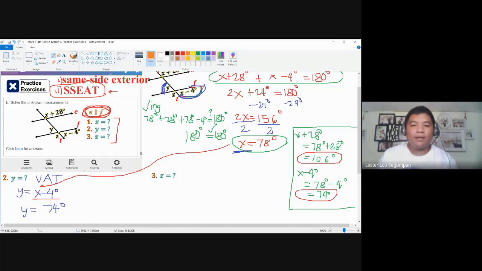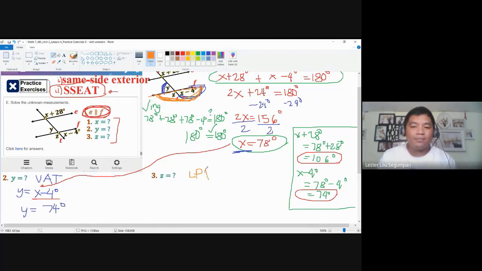And I'm talking about this angle here. Earlier, this angle and angle y were forming vertical angles. But for number 3, specifically for angle z, and the angle which measures x minus 4 degrees are forming a straight line here, and thus they are called angles forming a linear pair.